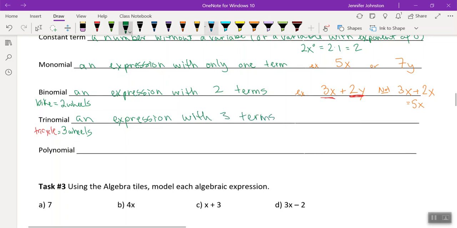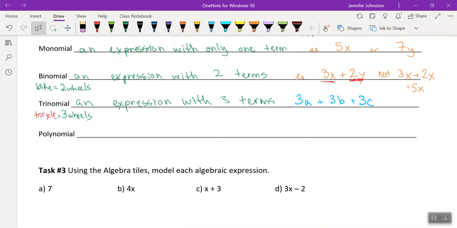And again, they have to be all different. The numbers can be the same, like we could have 3a plus 3b plus 3c. That's completely fine as long as the variables are not the same. So they're all different here. We don't have to have just pluses. We can have minuses too, like that.